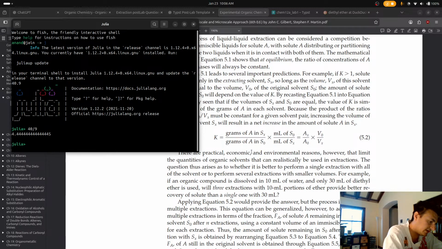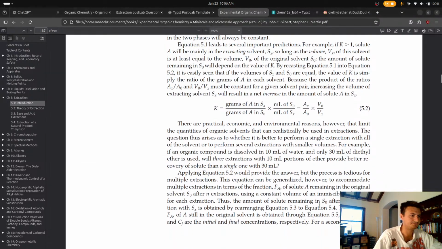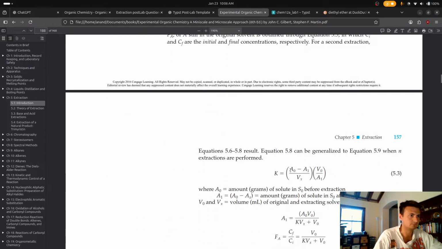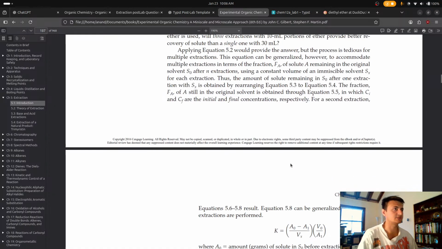Okay, so how did they get this equation?